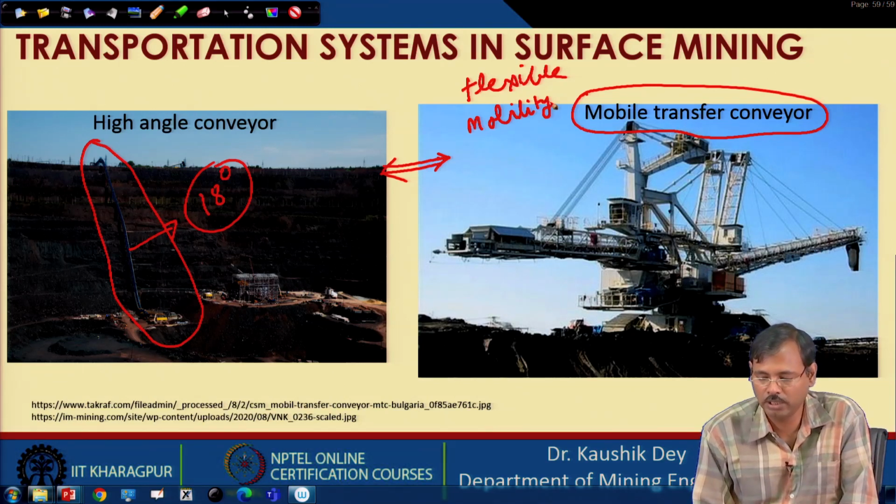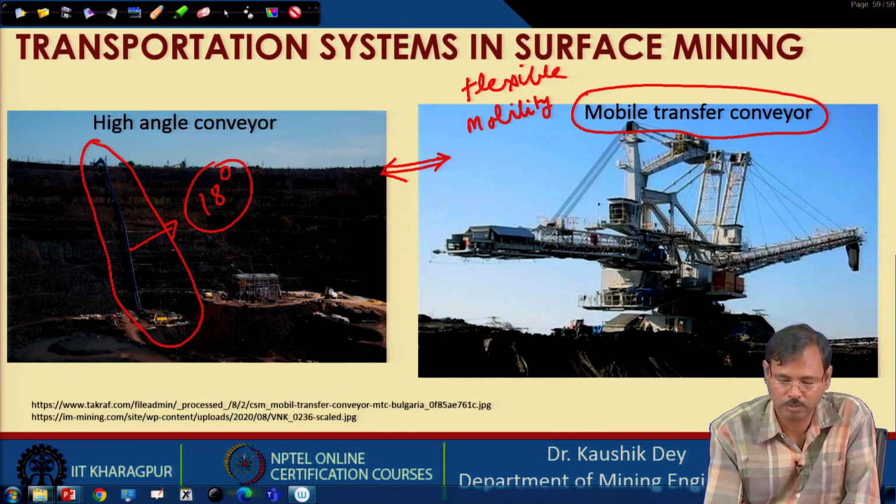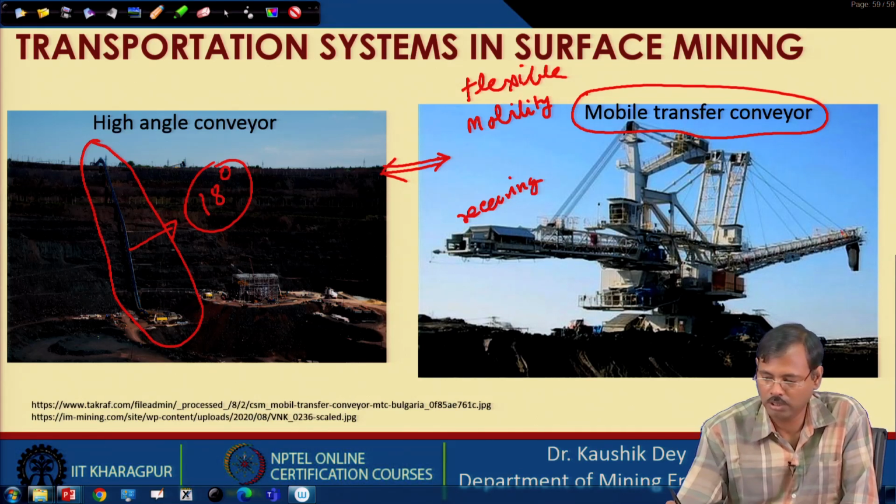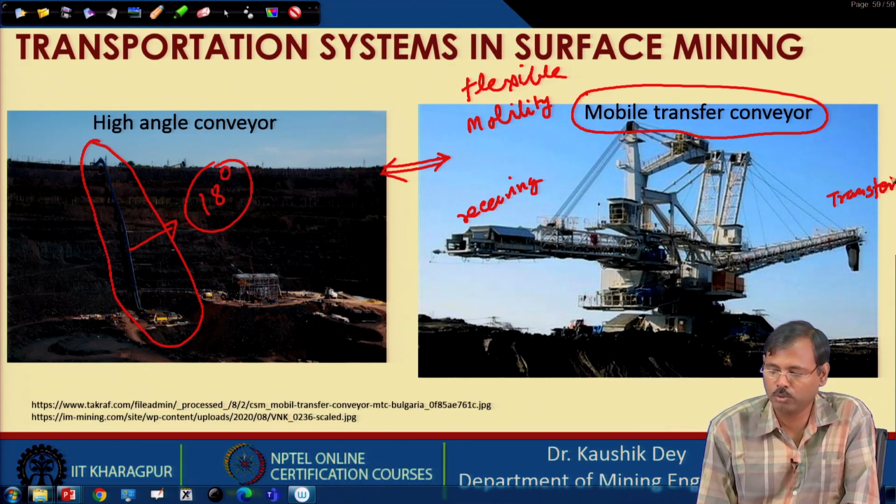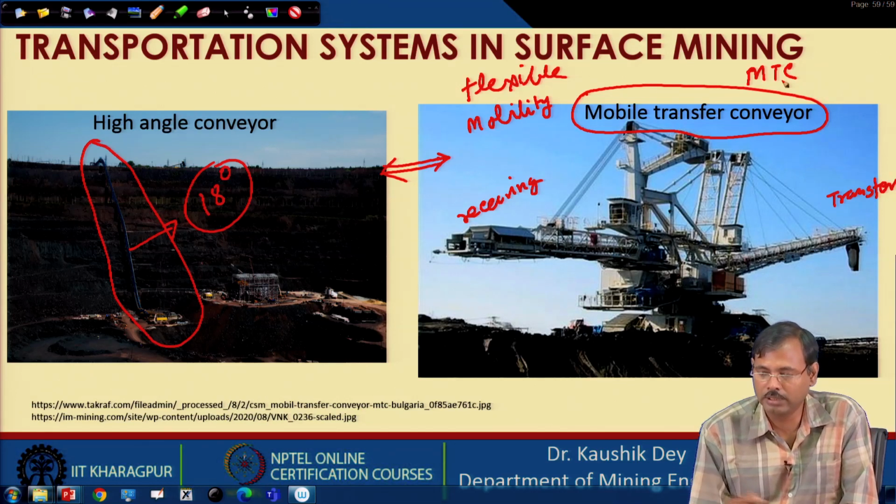One side is the receiving end, and this is the transfer end. In one boom it is receiving the material directly from another mobile transfer conveyor, that is MTC, and it is discharging either onto an MTC or to a main conveyor.